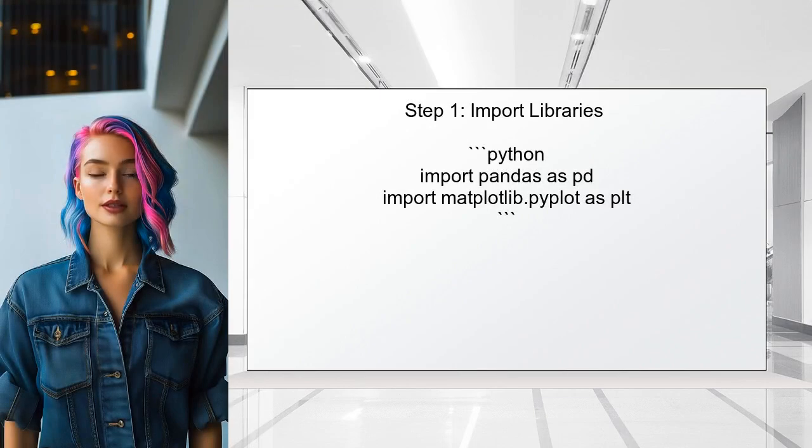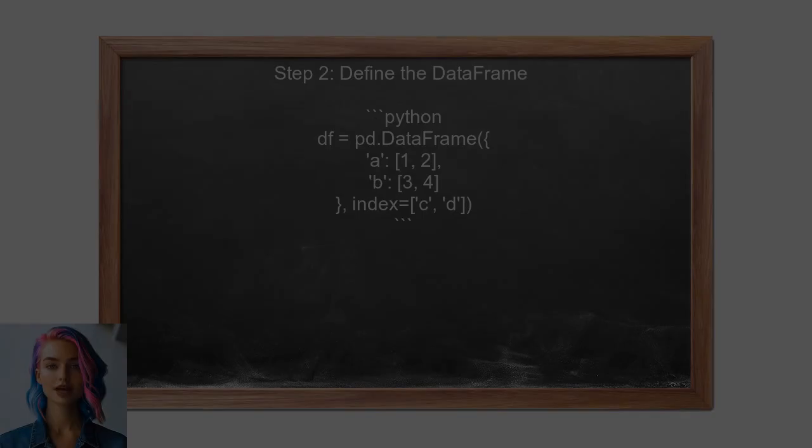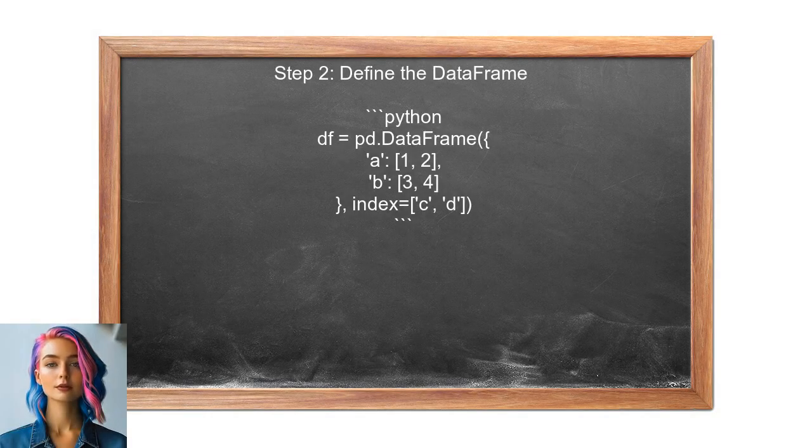To create a scatter plot from a Pandas data frame with categorical labels, the user should first import the necessary libraries. This includes Pandas for data manipulation and matplotlib for plotting. Next, the user should define their data frame. They can use the sample data frame provided, which includes categorical row and column labels.